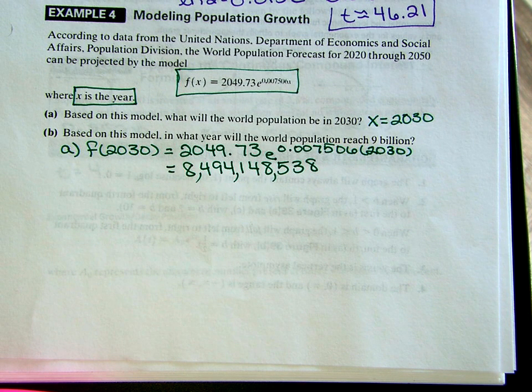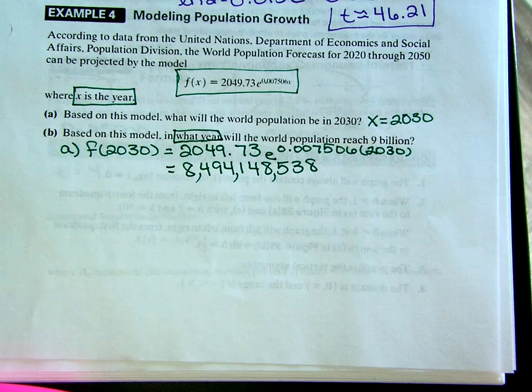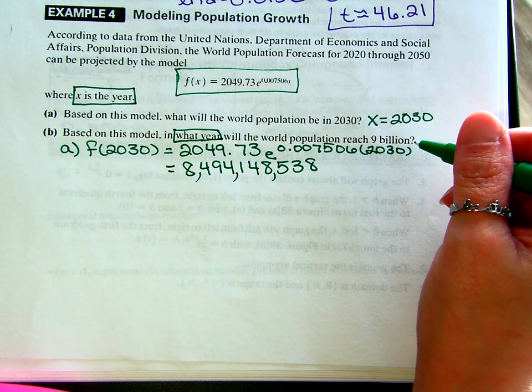Step B is a little bit different because it's not plugging and chugging. We do have to do a little bit more algebra. It says, based on this model, in what year, so we're not going to know the year, in what year would the world population reach 9 billion people? The 9 billion people is what we get. We don't know what the year is. So that's our f of x.